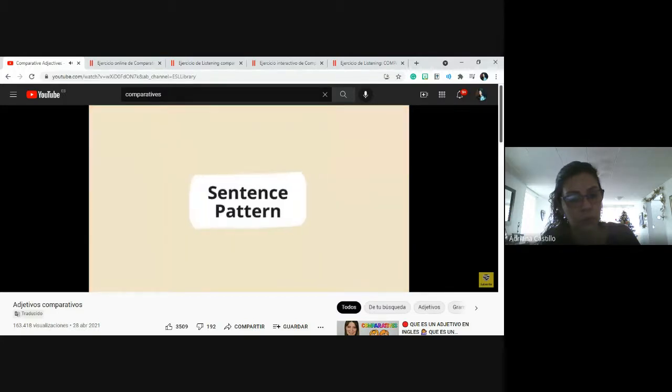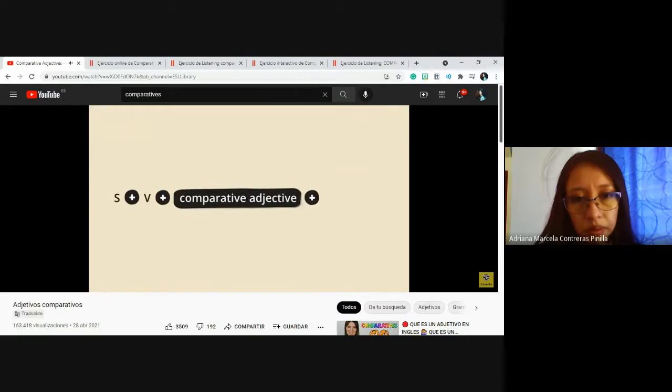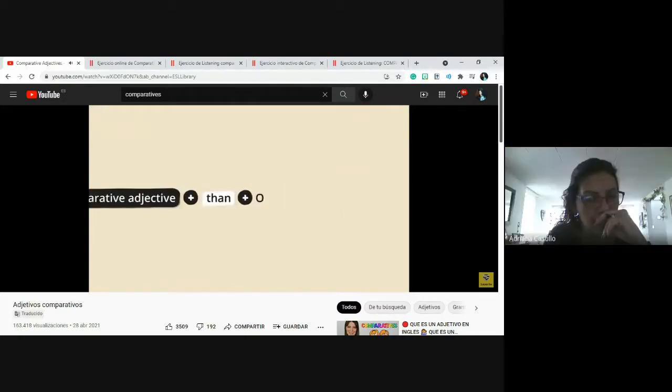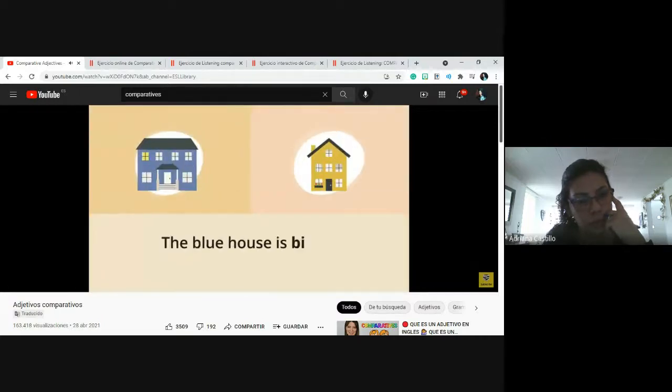The most common sentence pattern for comparative adjectives in English is subject plus verb plus comparative adjective plus than plus object. Examples of comparative adjectives in a sentence: The blue house is bigger than the yellow house.